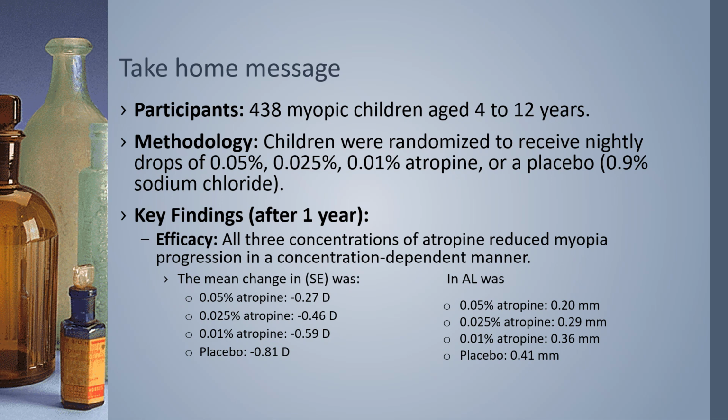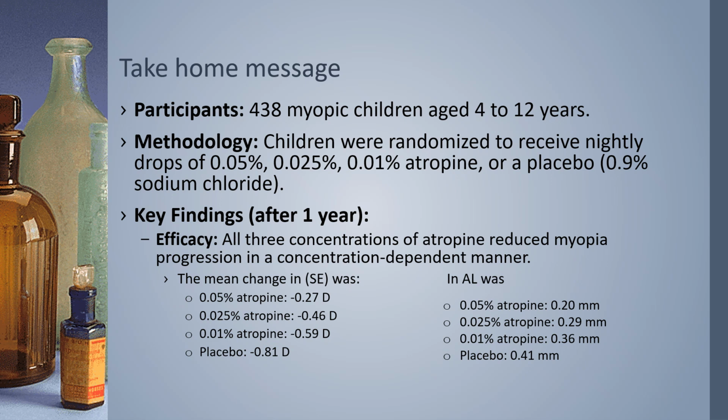In fact, in the first phase of this study, they found that 0.01% atropine and placebo went almost hand in hand, and there was not a great result from 0.01%. They felt that 0.025 or 0.05% were much better and had a much stronger control of myopia progression.